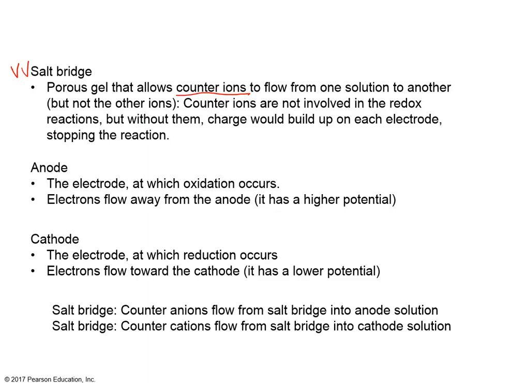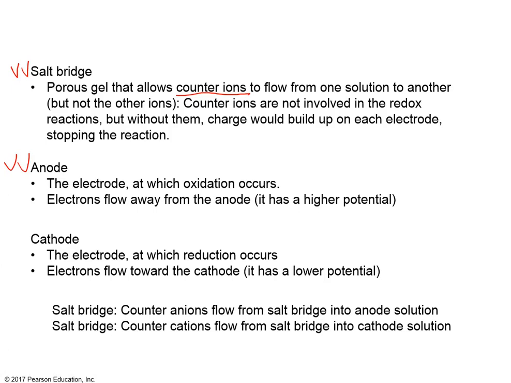Then you have the anode. Oxidation occurs at the anode and electrons flow away from the anode. We have the cathode. Here reduction occurs, electrons move towards the cathode.